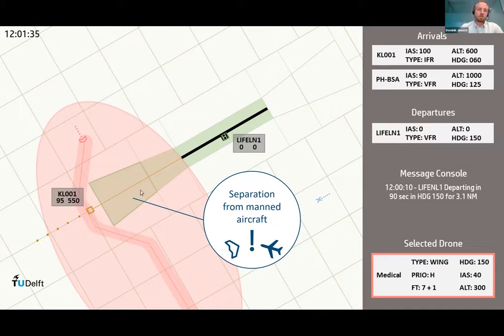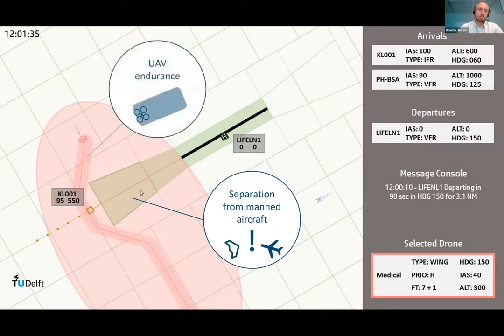Something that you might have also noticed when I was switching slides is that the smaller surface plots also shrank. This is another indication that we added to this interface, which was an indication of the available UAV endurance, given that these vehicles are expected to have a very low level of endurance due to the increasing shift towards battery-powered vehicles.